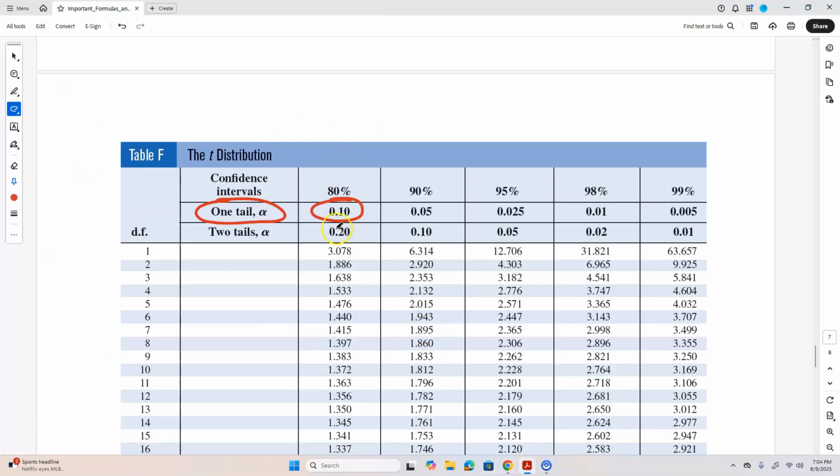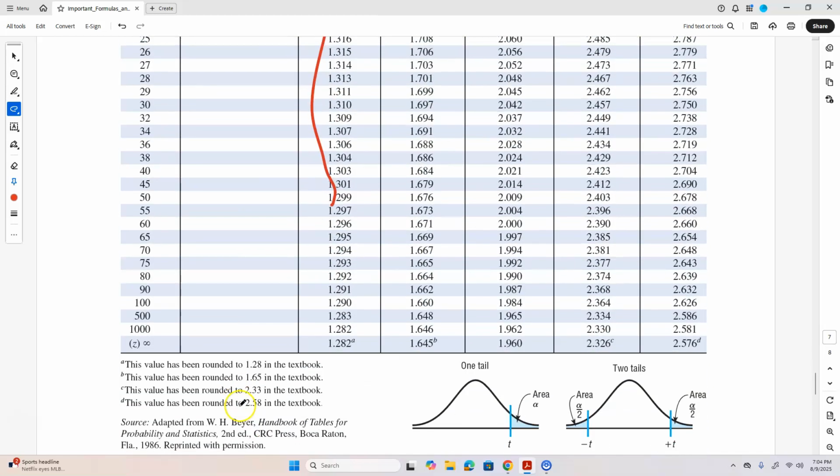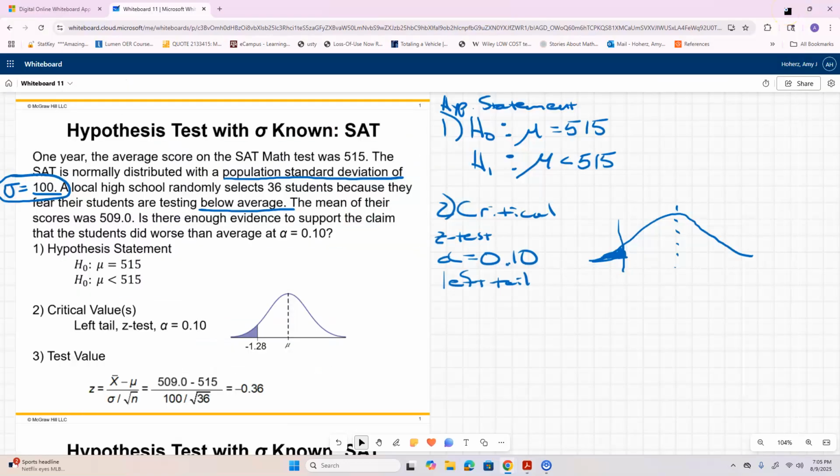And we're doing a z-test, so we're going all the way down to the bottom, which is the 1.28 value that we got before. Okay, so we're using 1.28 again. In this case, it's negative 1.28 because it's to the left.